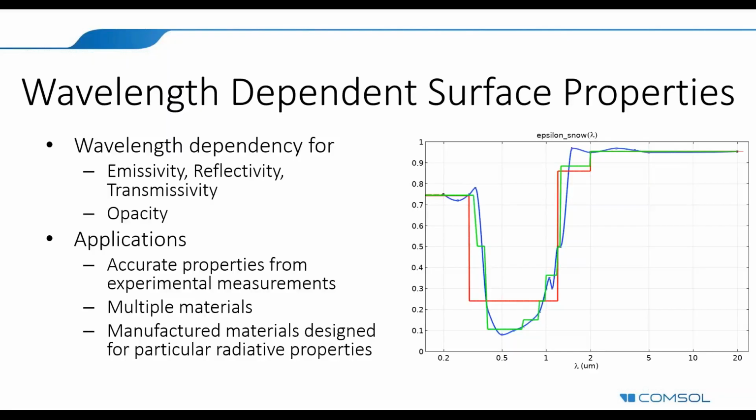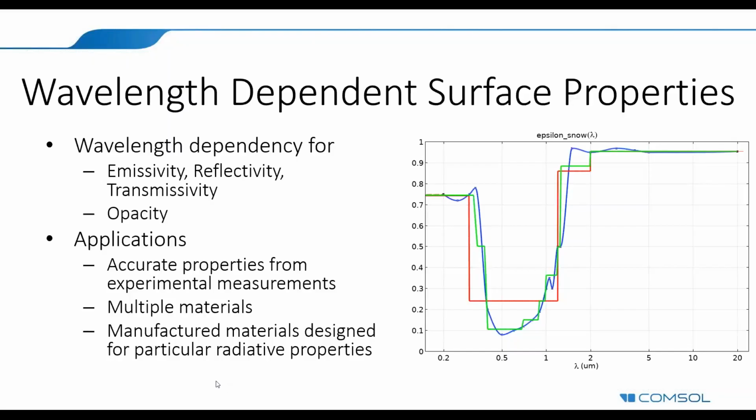That's a good thing. Also, when you have one material, maybe it's enough to take 1 or 2 spectral bands to represent it. But when you have multiple materials, they may have different spectral bands. So then you need to split your wavelength space into multiple bands, and that's quite easy to do.